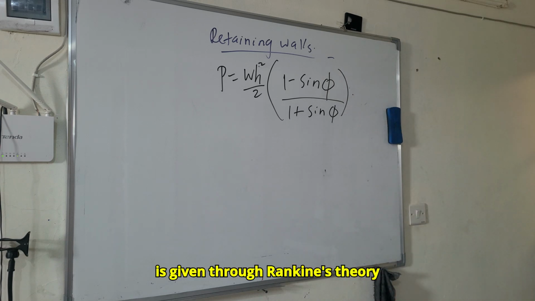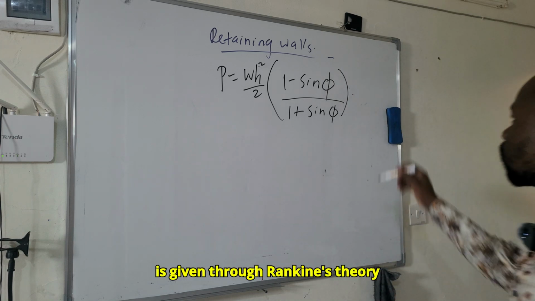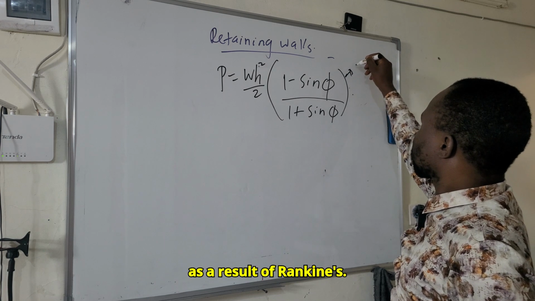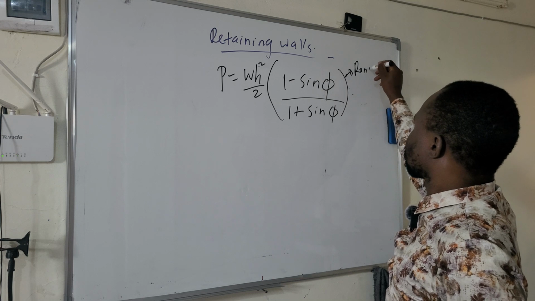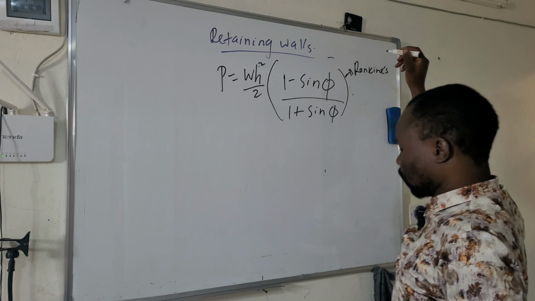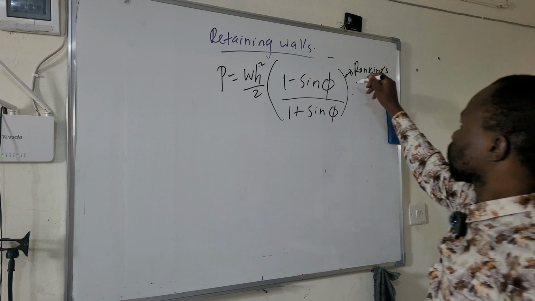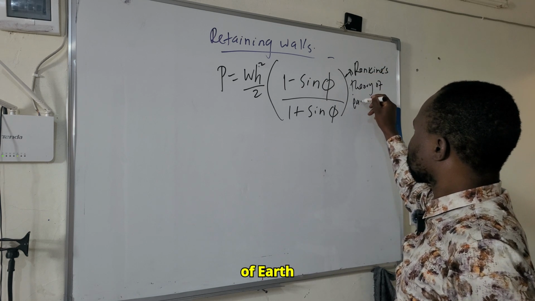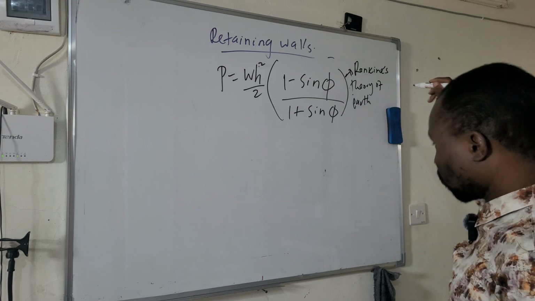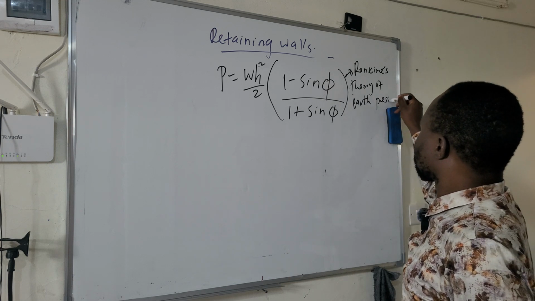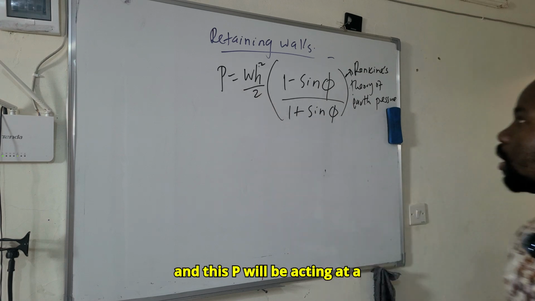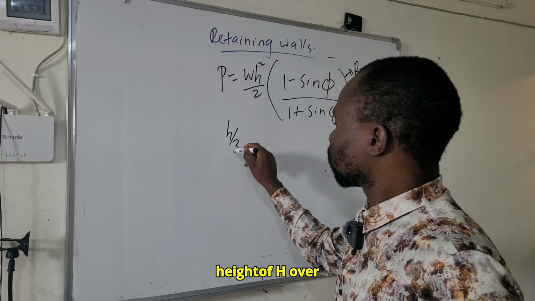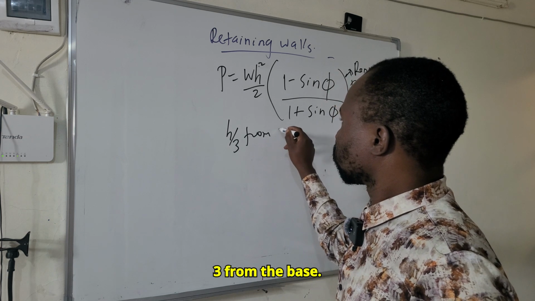This is given through Rankine's theory of Earth's pressure. And this P will be acting at a height of h over 3 from the base.